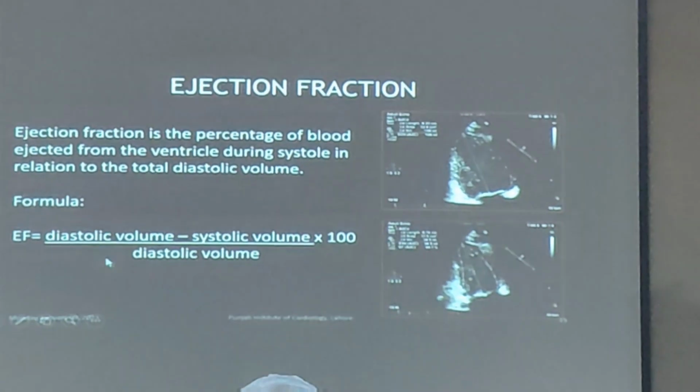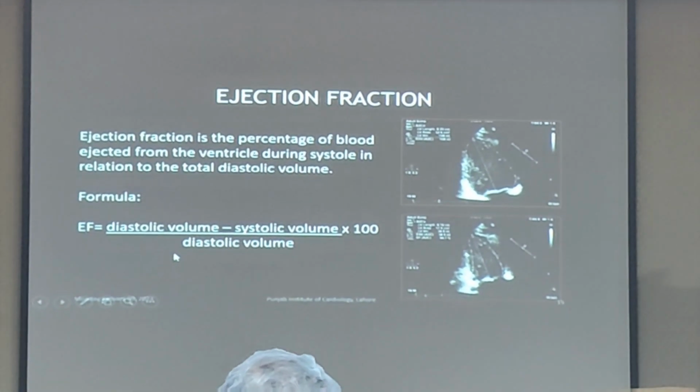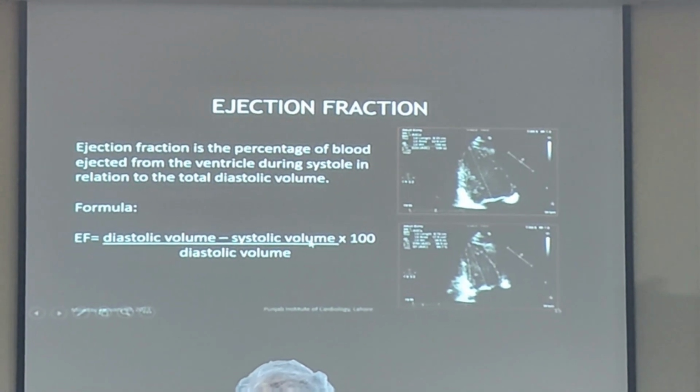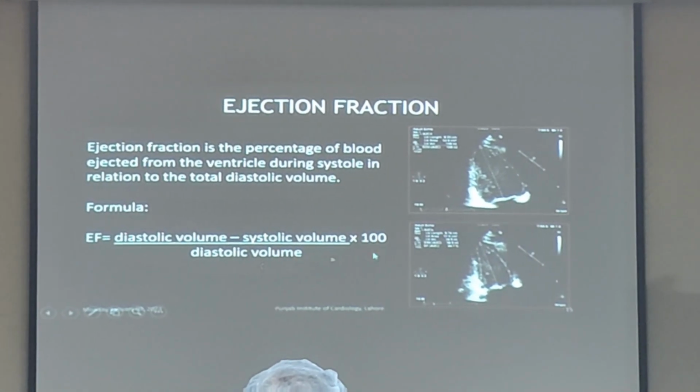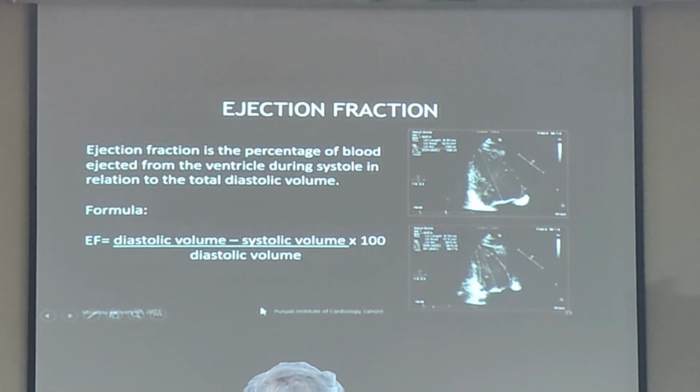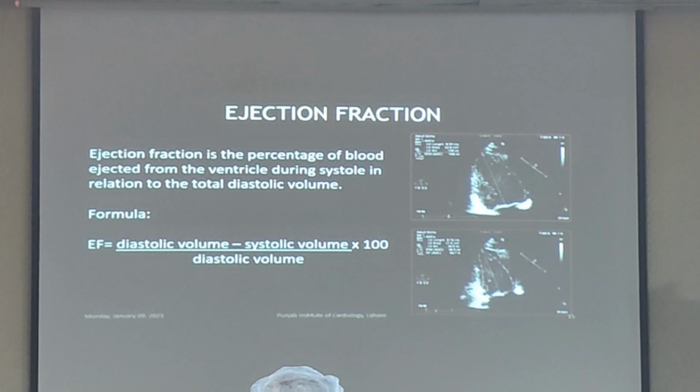So it will give us the area of the LV. Diastolic volume or area minus systolic volume or area, divided by diastolic, times 100, will give us the ejection fraction by the biplane or disc method.